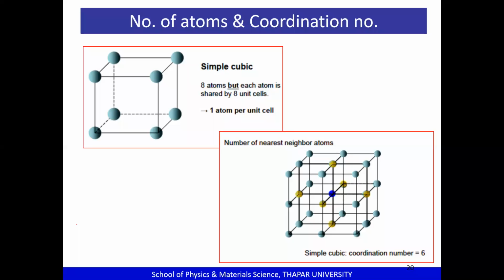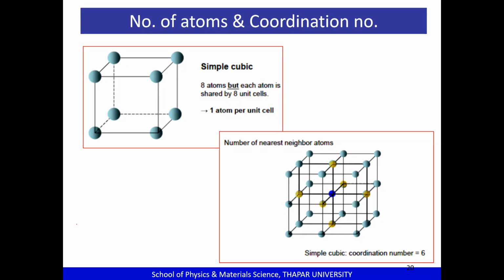You can arrange 4 cubes at the base and another 4 on top of that. So there are 8 cubes, 4 on the top and 4 on the bottom, making this lower right corner image. With this image, it is easy to visualize the number of nearest neighbors.